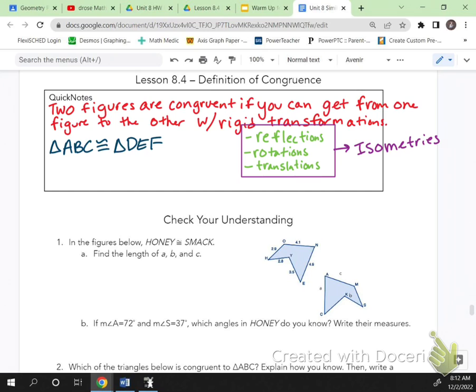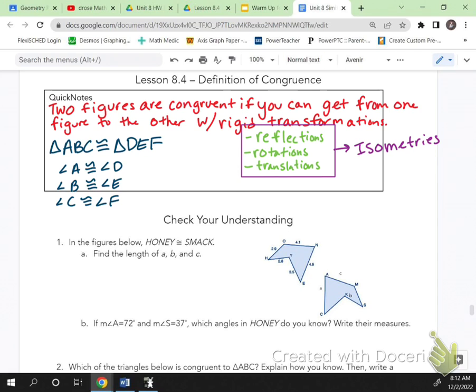All right? Our corresponding parts have to match up. So angle A would be congruent to D, good. And angle B would be congruent to E, good. And angle C would be congruent to angle F, okay?